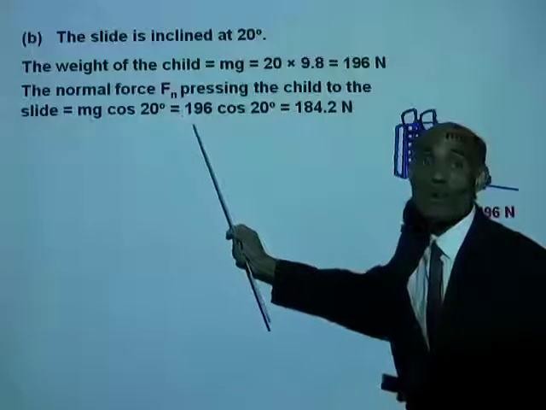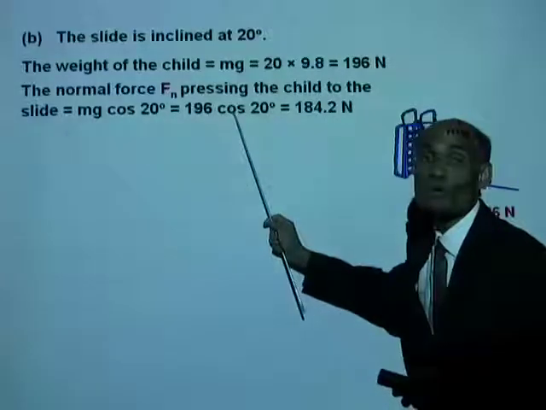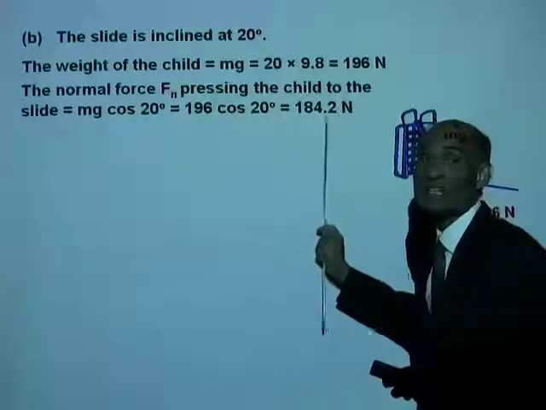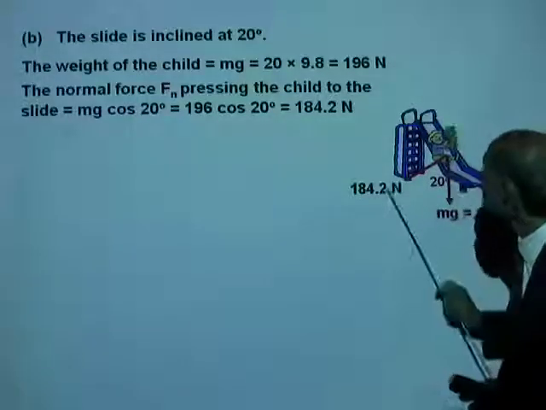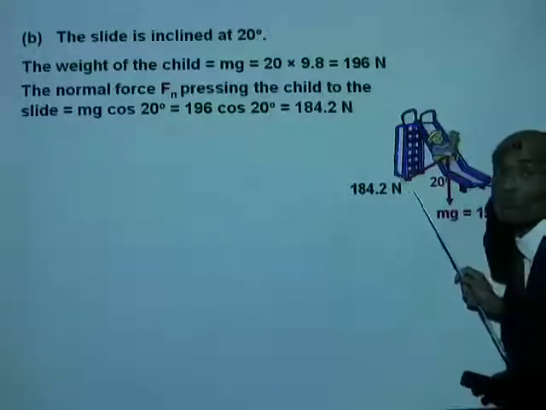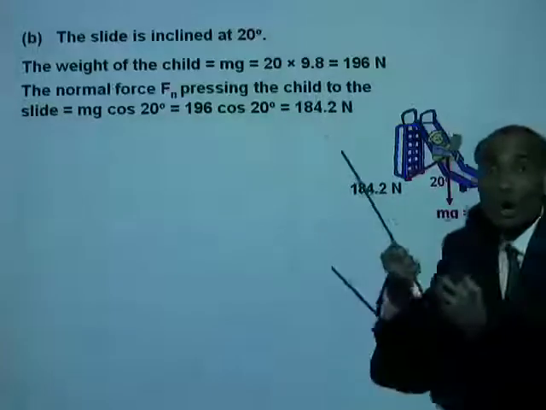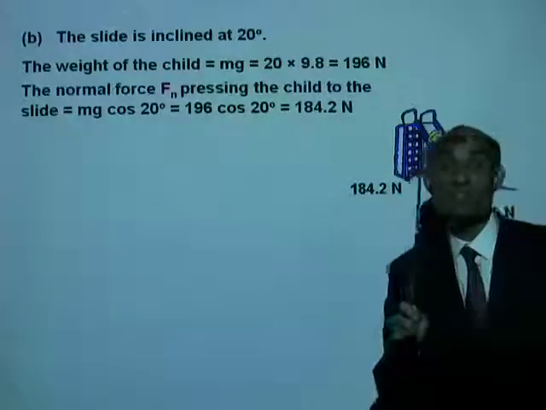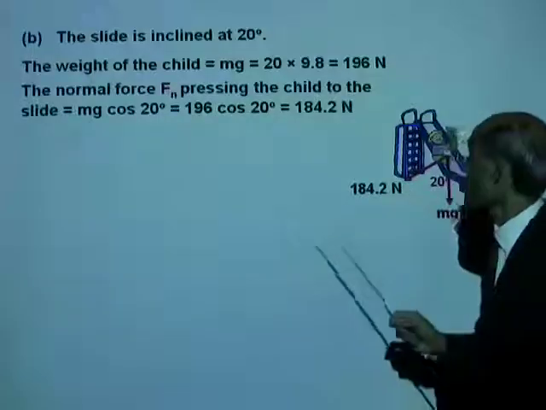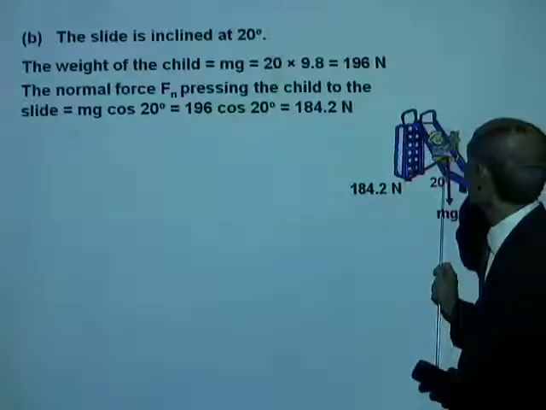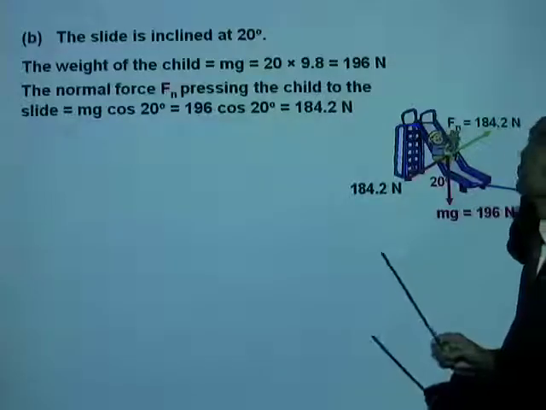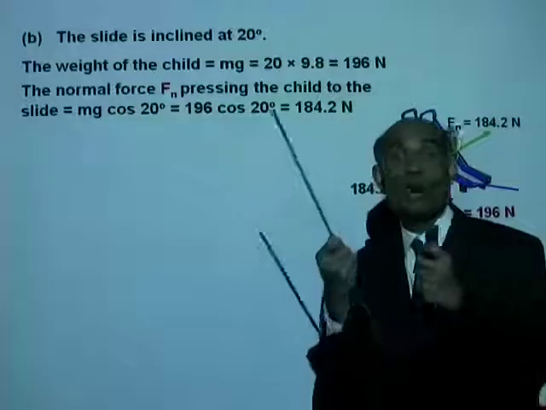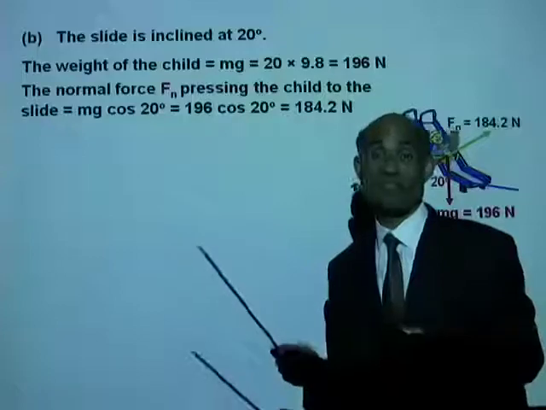Therefore, that is 196 cos 20 degrees, which is 184.2 Newton. That is the normal force pressing the girl onto the slide, and that is an important quantity here. So Fn equals 184.2 Newton. We obtained the value of Fn.